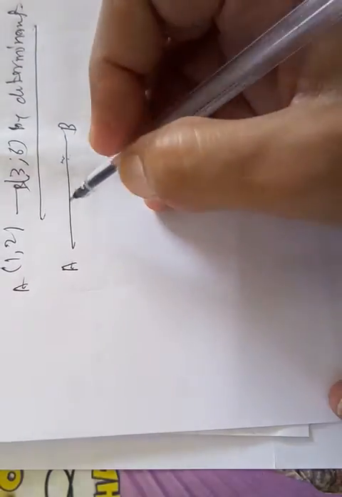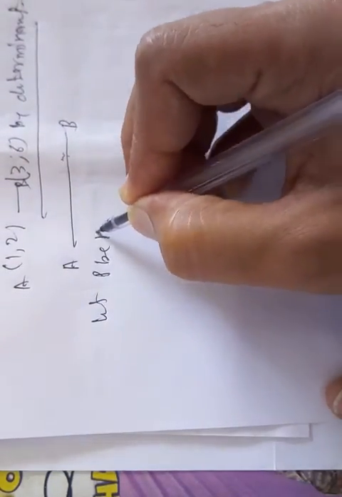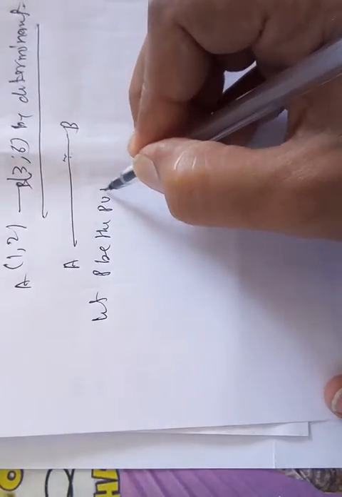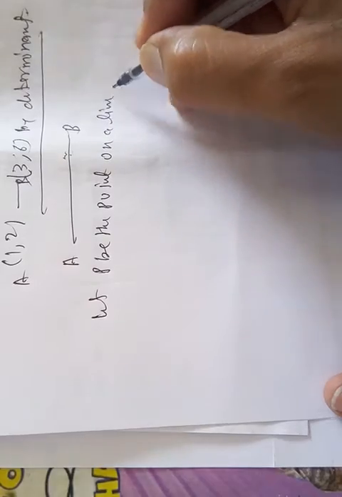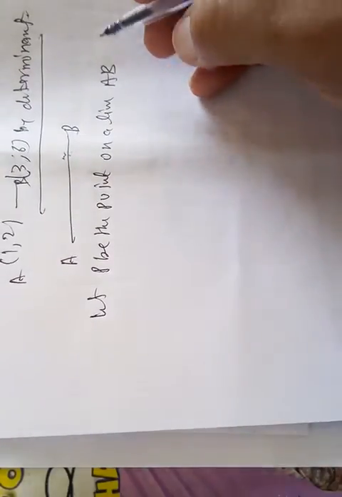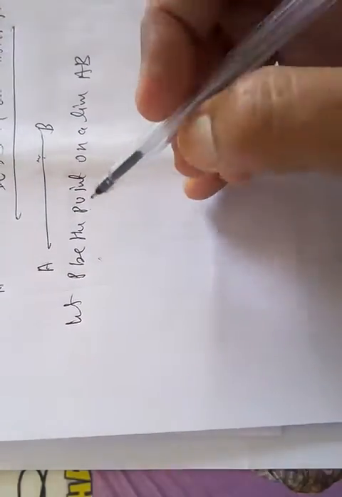So let P be a point on the line AB. P is another point, meaning a third point. 3 points are compulsory for area of triangle or the collinear condition.